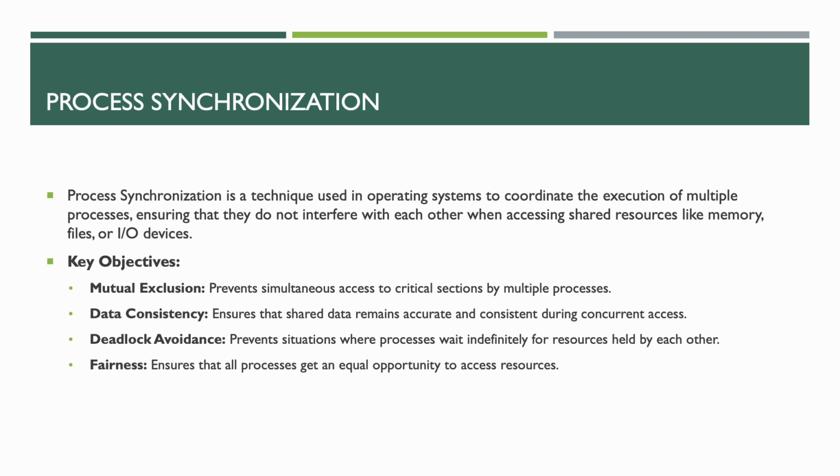Synchronization techniques prevent this scenario. Fourth one, fairness. It ensures that all processes get equal access to shared resources without indefinite waiting. For example, in CPU scheduling, fairness ensures that no process gets starved while others continuously execute.